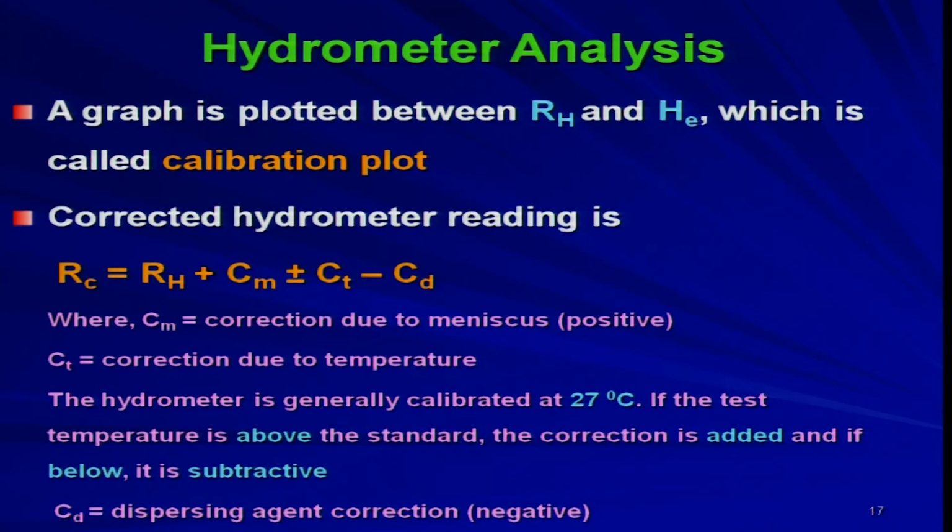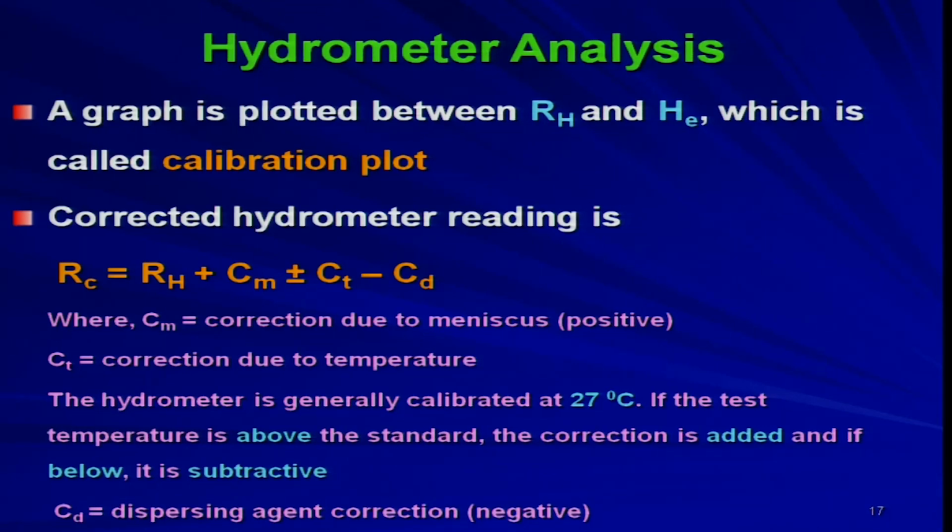But you need to correct the hydrometer reading. Whatever RH you get, you need to correct based on some different parameters. RC, the corrected hydrometer reading, is equal to RH plus Cm plus or minus Ct minus Cd. Cm is the correction due to meniscus, which is always positive. Ct is the correction due to temperature. The hydrometer is generally calibrated at 27 degrees centigrade.